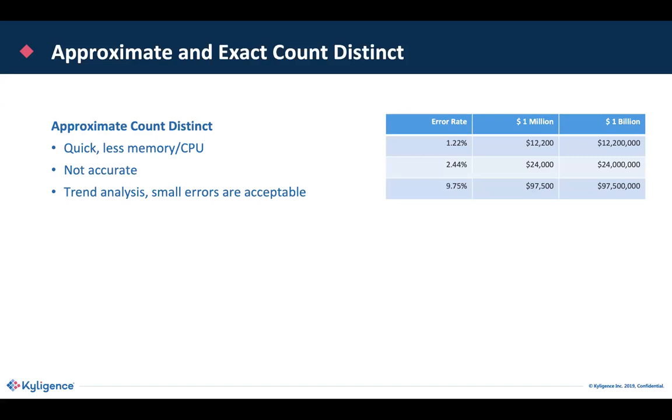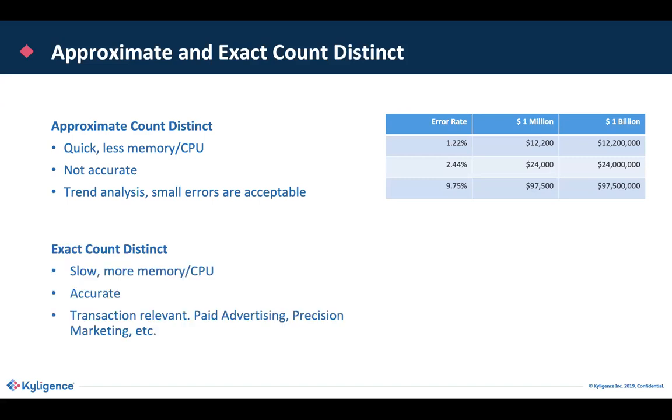So it is often mandatory to use exact count distinct in some scenarios, especially related to transactions and money. Users need to know the exact and accurate number of distinct values in these scenarios. Exact count distinct can guarantee the accuracy of results, but it is slower than approximate count distinct and requires more computing resources.